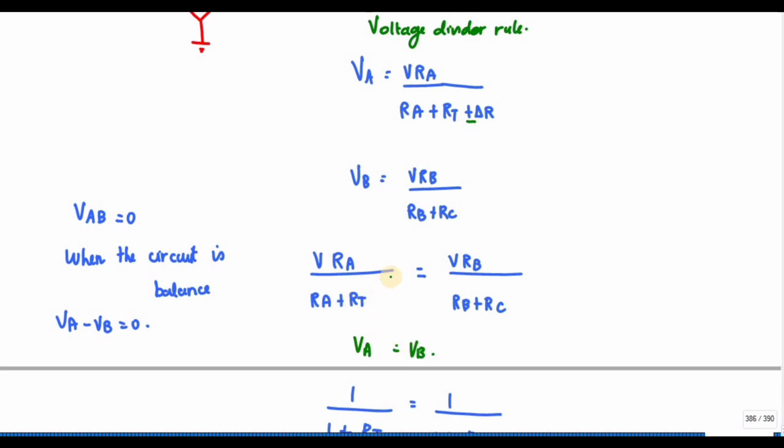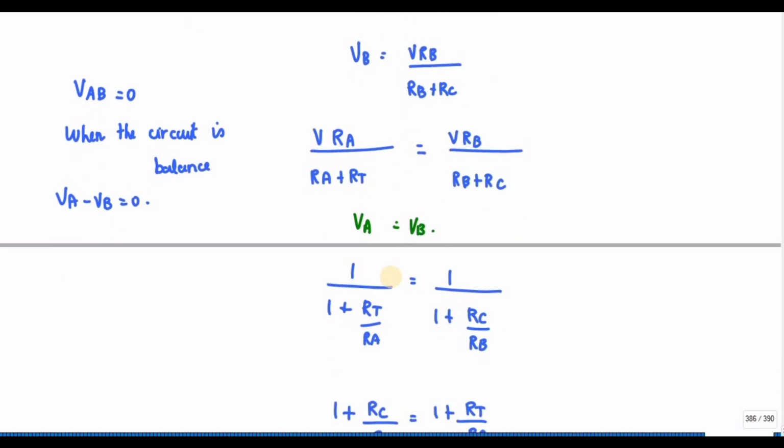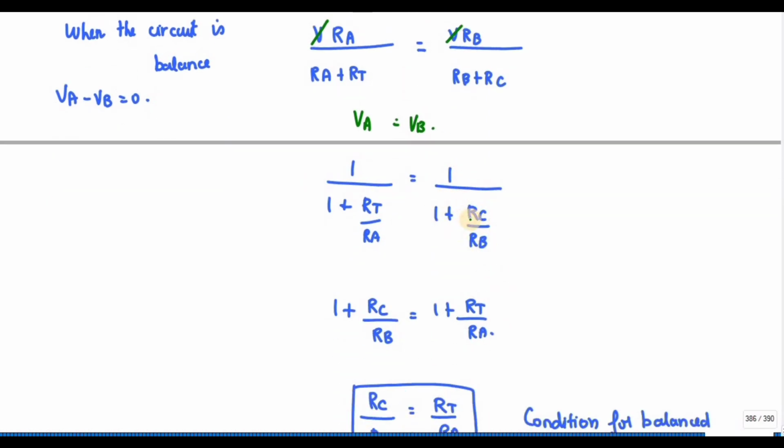Since there is no change in the RT, the V and V get cancelled out. If I divide the whole term by RA, I will get 1 divided by 1 plus RT divided by RA, which is equal to, if I divide the numerator and denominator by RB, 1 divided by 1 plus RC divided by RB. Bringing the denominator to this side, and this also to the right hand side, I will get 1 plus RC divided by RB is equal to 1 plus RT divided by RA.